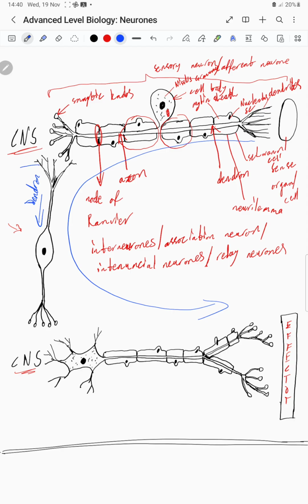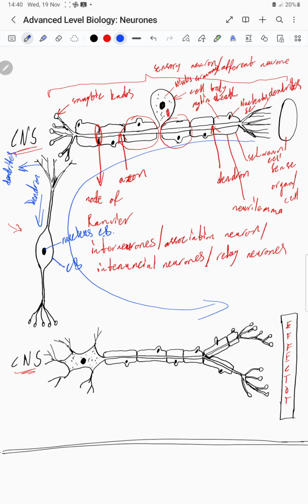These fibers, which further divide, we call dendrites. And this is the nucleus of the cell body, and this is the cell body.